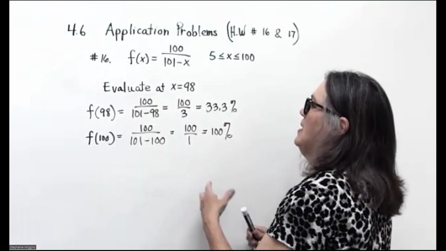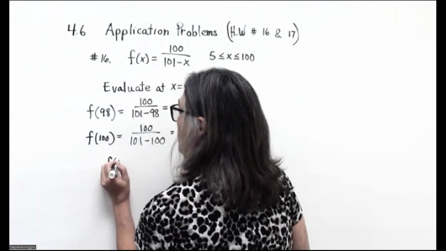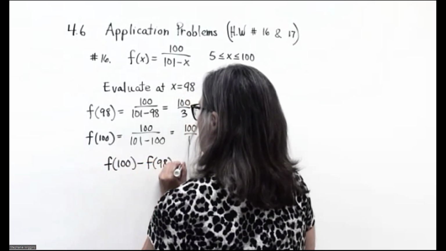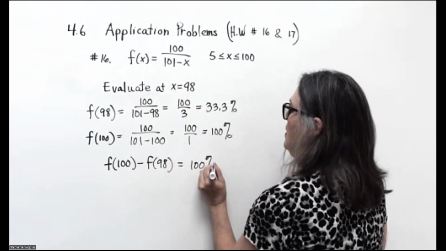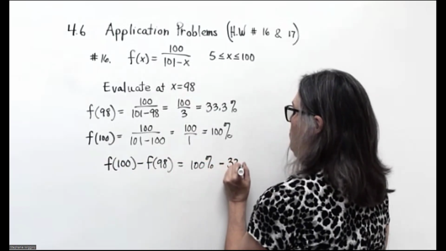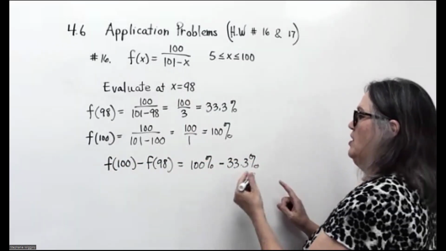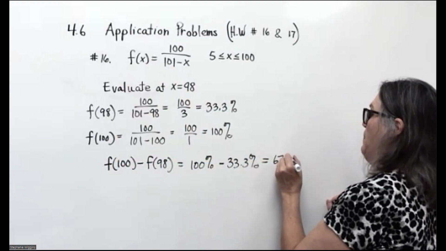So that means if we take the difference, we have f of 100 minus f of 98, which is just 100% minus 33.3%. This is going to give you the percent of postings by the top 2% of the population.